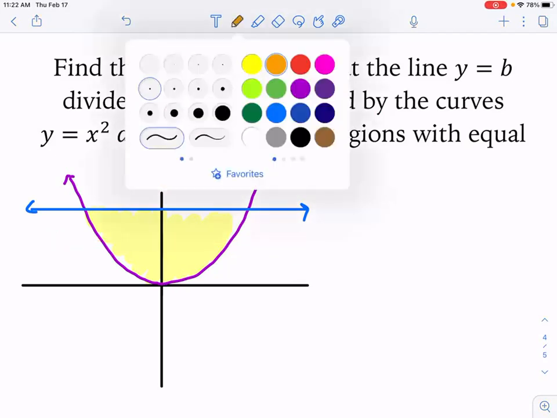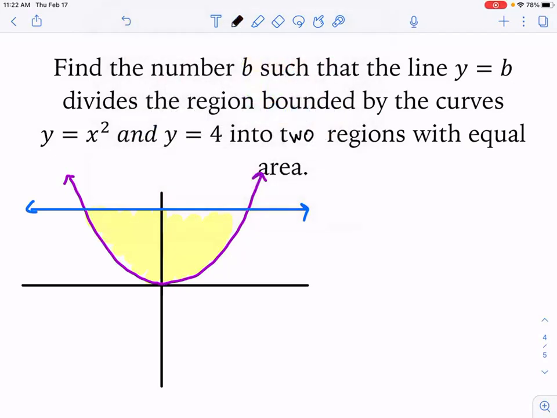All right, so let's just find the whole area. Well, I guess, do you want to do dx or dy?